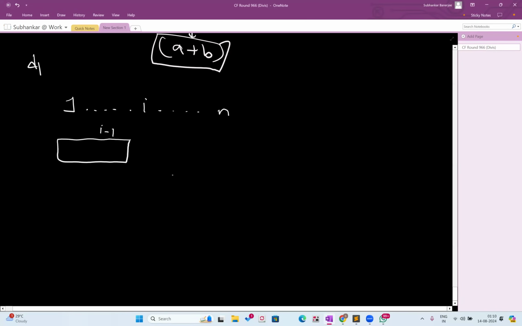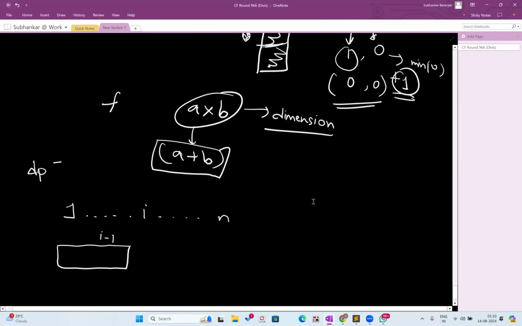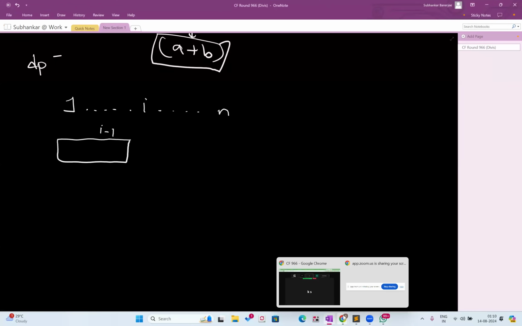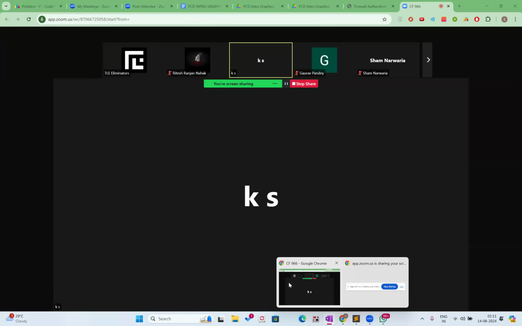Okay, it will require knowledge of DP. So if we just sort the rectangles by dimensions, for each rectangle we can get like a plus b points. So what will be the basis of sorting?